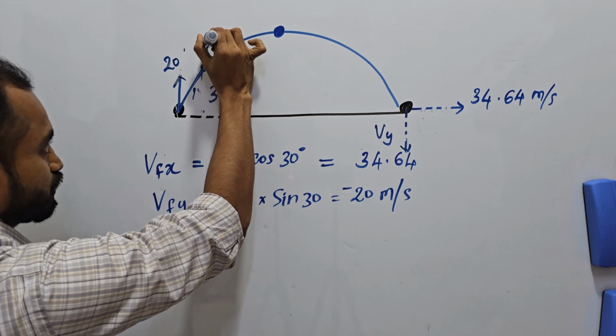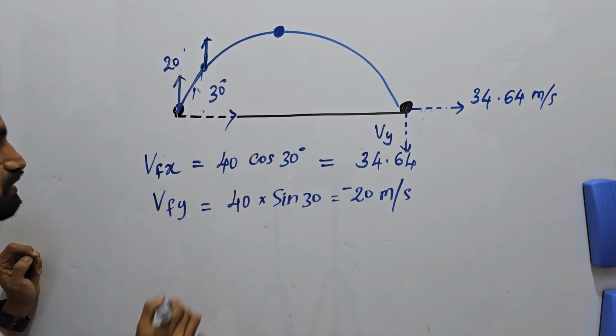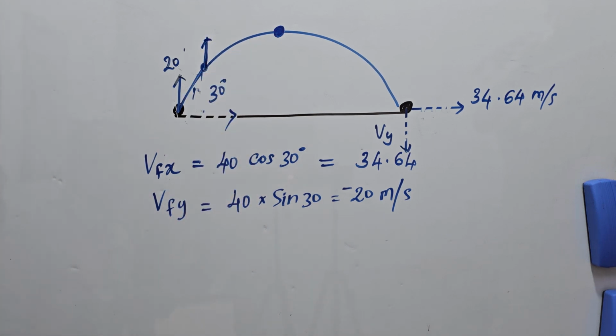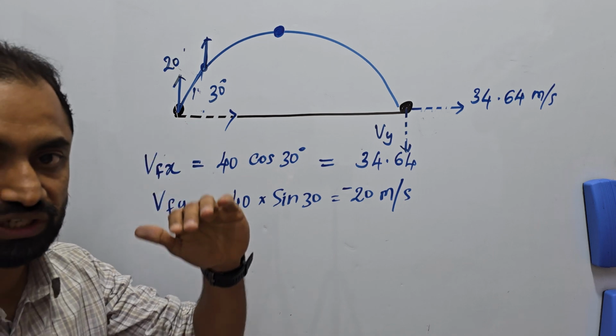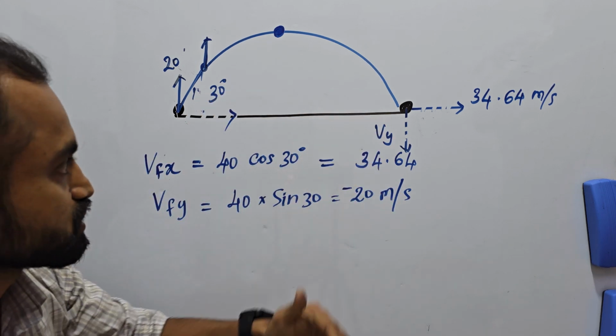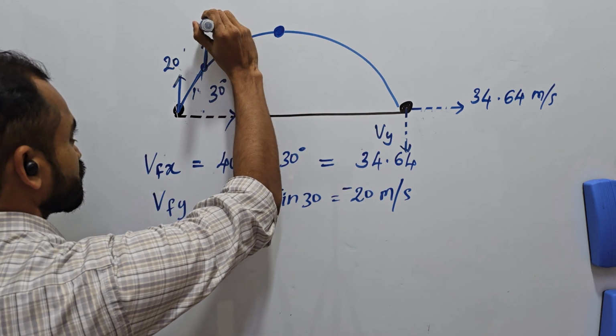When it is moving up, will it be greater than 20 or less than 20? Less than 20. When a projectile is moving up, vertical velocity will be decreasing.